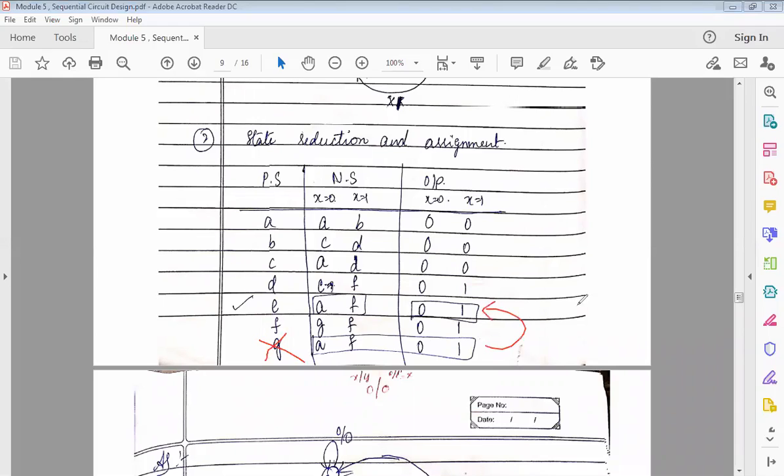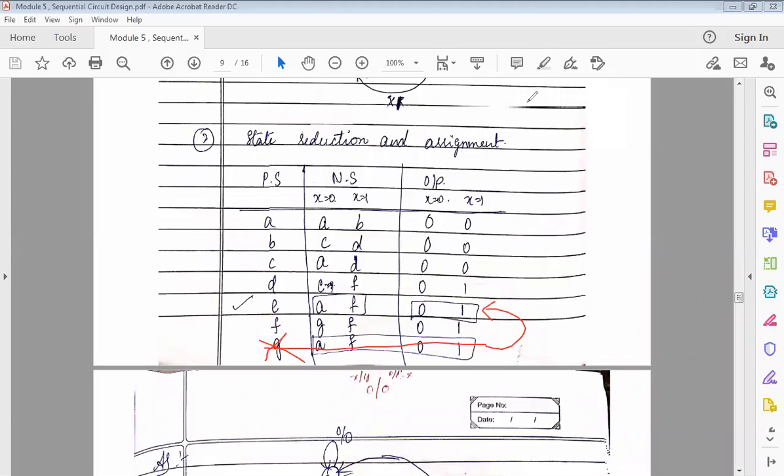I will not like to have duplicate information. I will not like to have someone else telling the same information again and again, no repetition. So in that case, I will make sure that I nullify this last state. How do we do that?